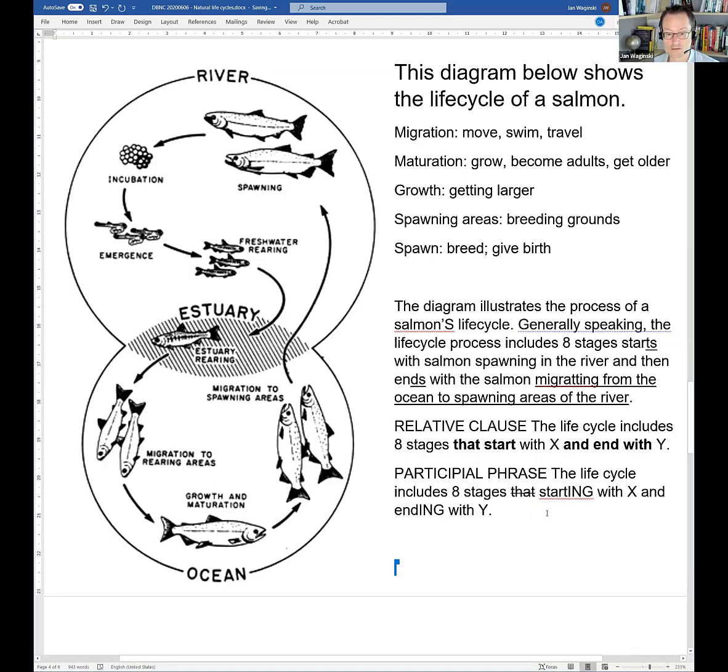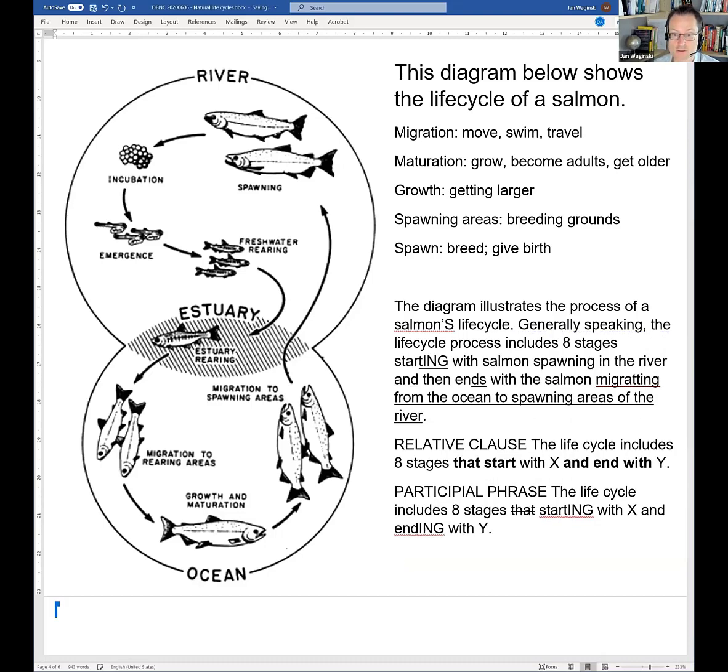Jan, can't we say starting with and ending by? In many cases, yes. Ends with is more common. Okay. So here we're going to change this: starting with salmon spawning in the river, and then ending.